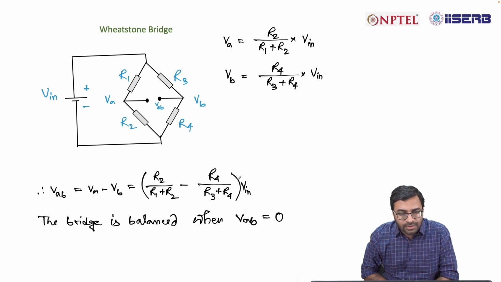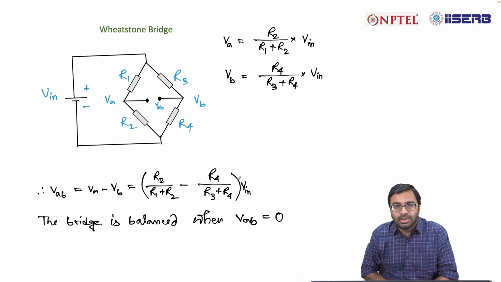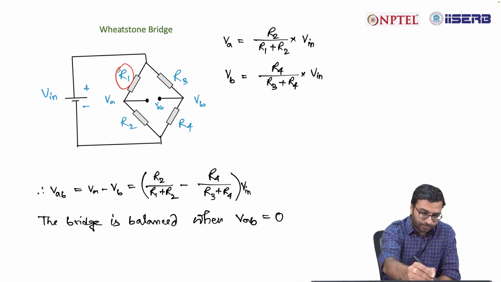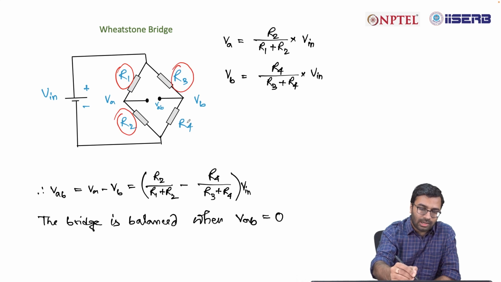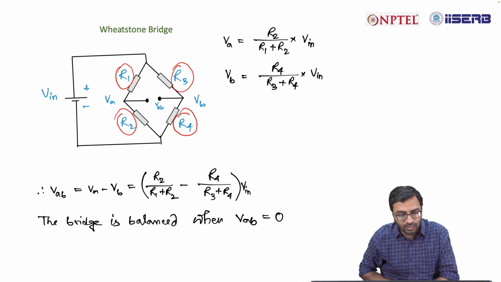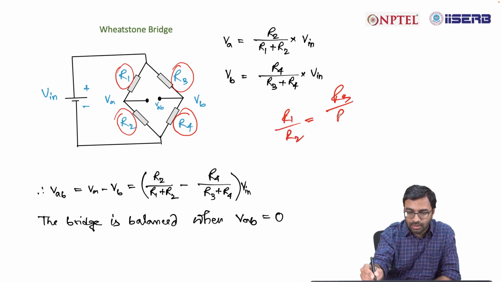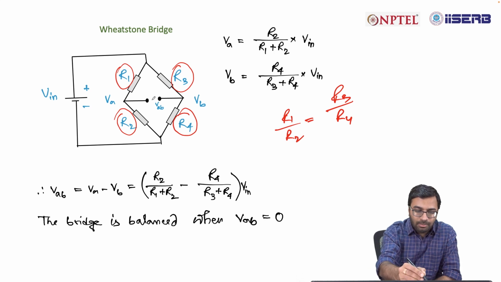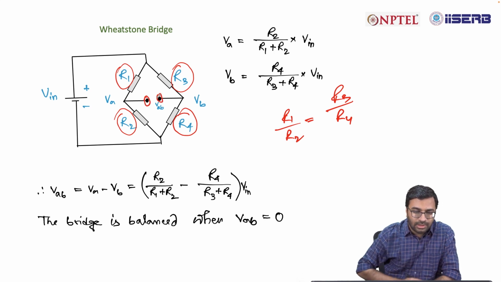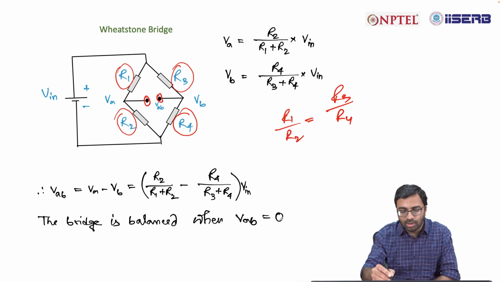Similarly, we also have seen Wheatstone Bridge, and Wheatstone Bridge has 4 different resistors: R1, R2, R3 and R4. Now, if your Wheatstone Bridge is balanced, that is, if R1 divided by R2 is equal to R3 divided by R4, then VAB, that is the potential here, will be equal to 0.